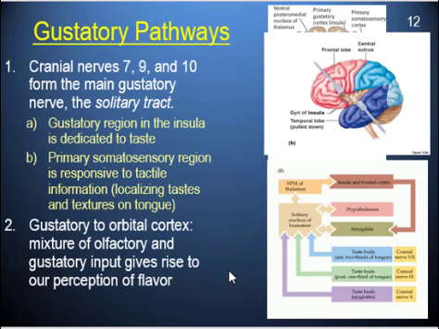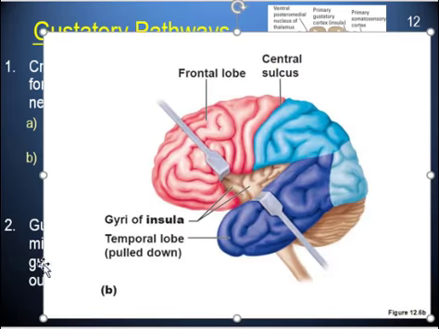The gustatory region is in the insula, and the insula is actually a little weird spot that separates the frontal lobe and parietal lobe from the temporal lobe. So let me blow it up here so you can see it. Again, you've got frontal lobe, parietal lobe, and then temporal lobe. And this is way exaggerated. They've pulled it apart so you can see it. But the insula is what's right in between there.